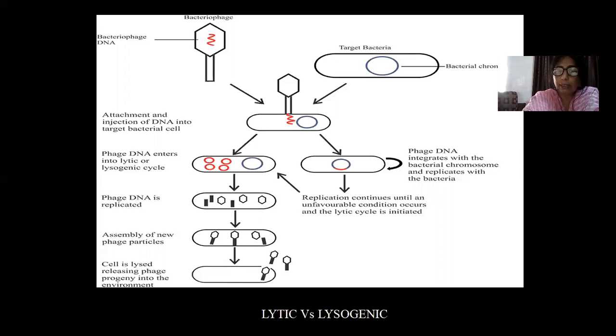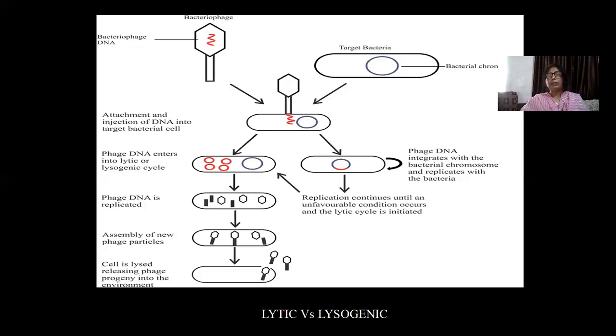When unfavorable conditions occur or the bacteria is induced by various factors, the bacteria along with the phage DNA enters the lytic cycle. The phage DNA excises itself from the bacterial DNA, they get separated, and then the phage DNA follows the lytic cycle. This is how it completes its life cycle, both the lytic cycle as well as the lysogenic cycle.